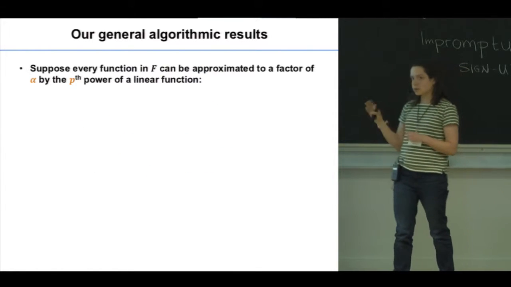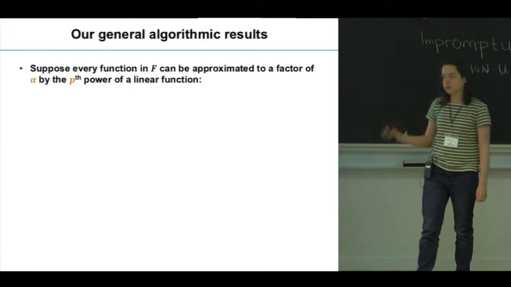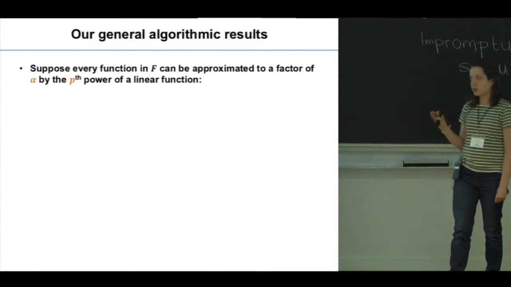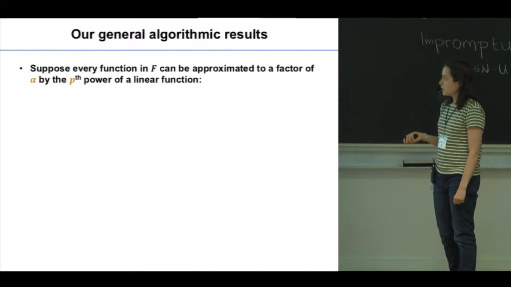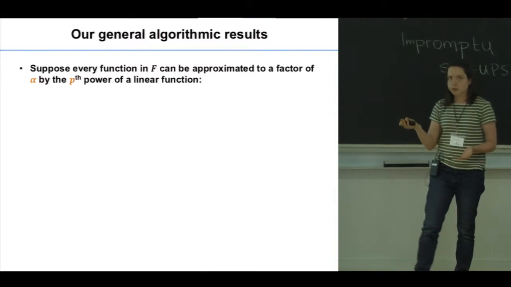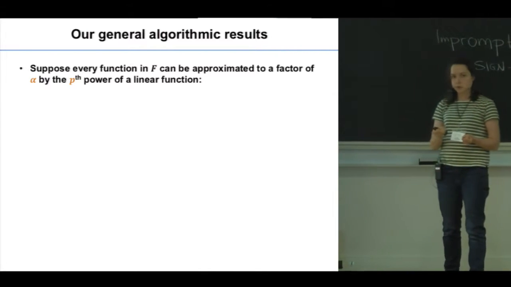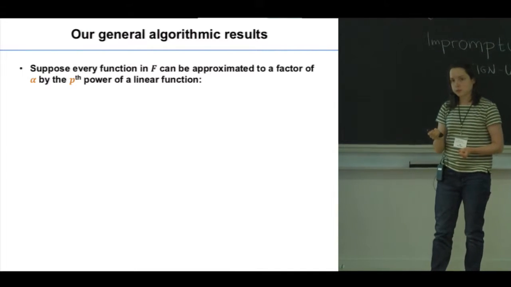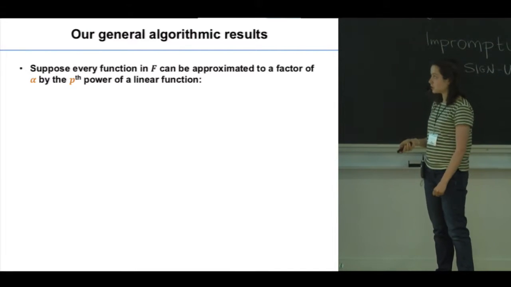Okay, and now I'll state our most general algorithmic result, and then I'll give a brief overview of the algorithm itself. Suppose that we have this function class f, and every function in the class can be approximated to a multiplicative factor of alpha by the pth power of a linear function.